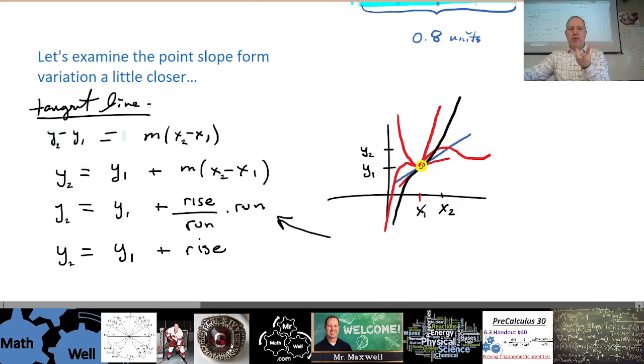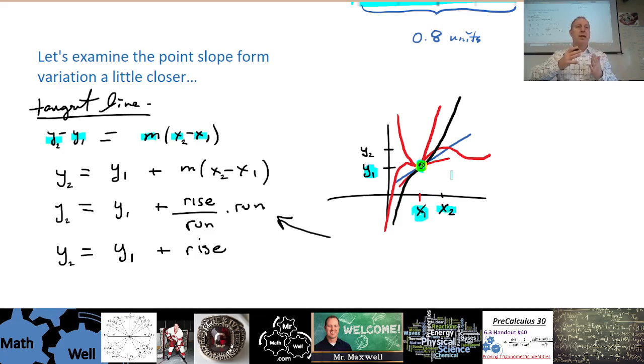Here's the point slope form. Okay, y2 minus y1 equals m times x2 minus x1. So our x1, y1 is the point of tangency, okay? Now x2 is a point that's going to be near x1. And of course, this is the question that comes up. Well, how close should I make it? Well, here's the thing.